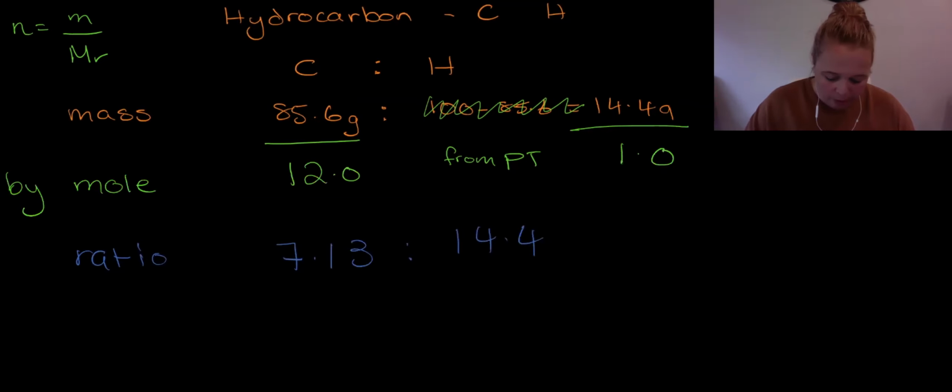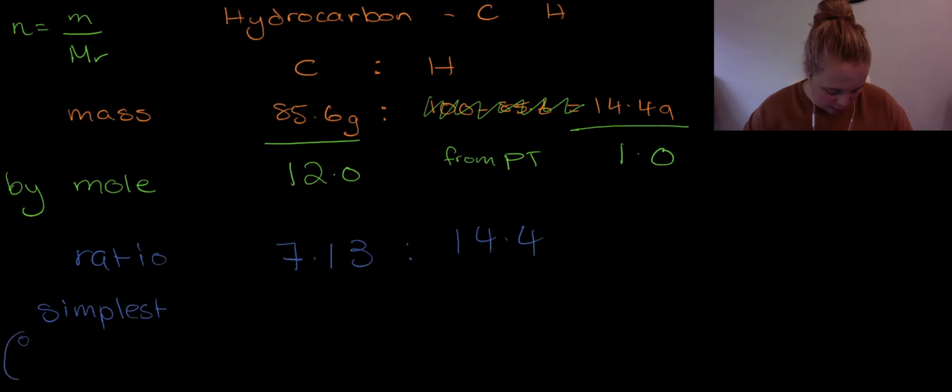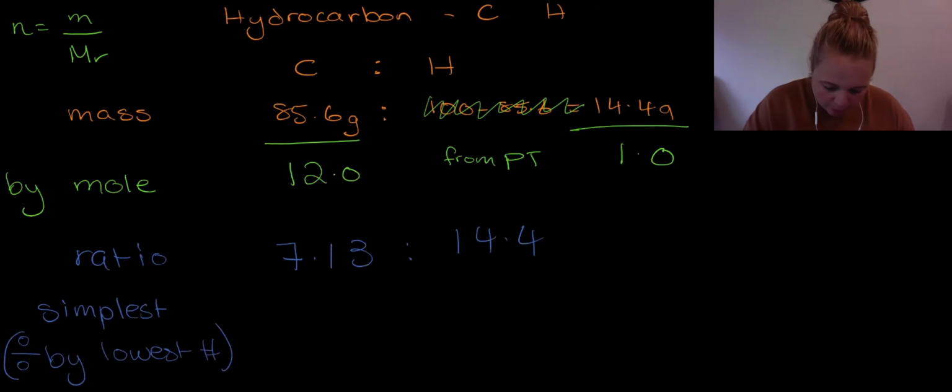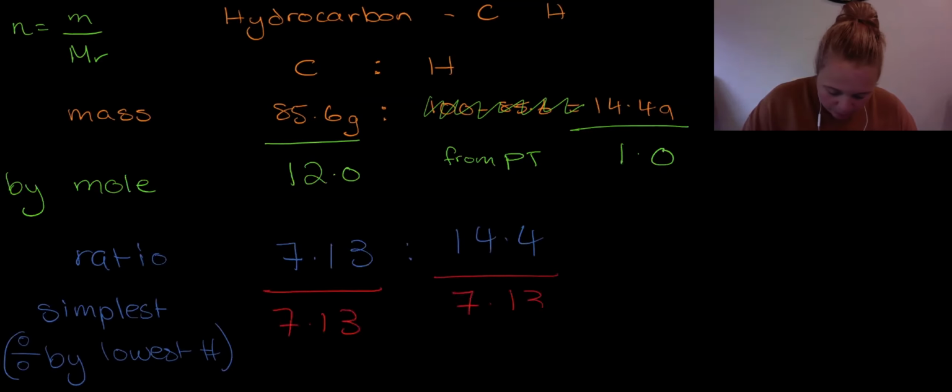To make that the simplest ratio, we divide by the lowest number, which is 7.13. 7.13 divided by 7.13 is 1, and 14.4 divided by 7.13 is approximately 2.